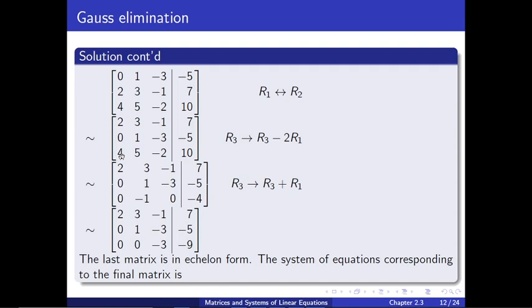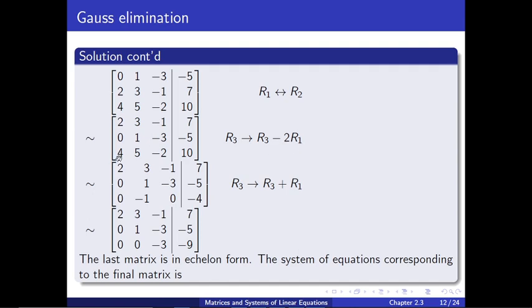So how do we achieve that? Well, if we look at it, we'll see that if we say 4 minus 2 times 2, we'll get 0. So in other words, we can say R3 minus 2 times R1, and then we'll achieve what we want.